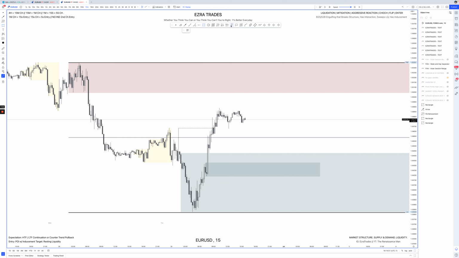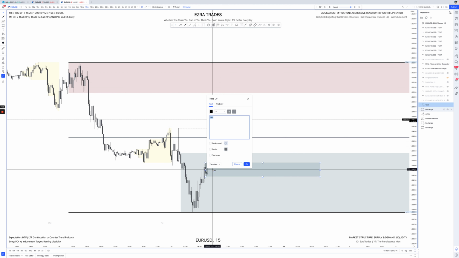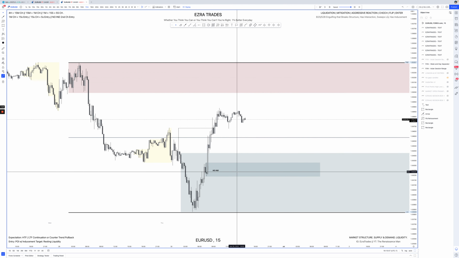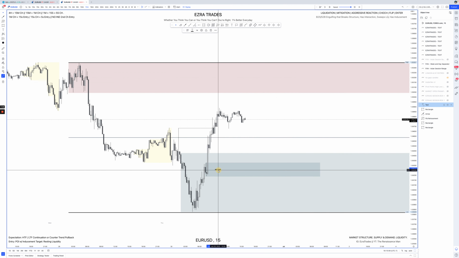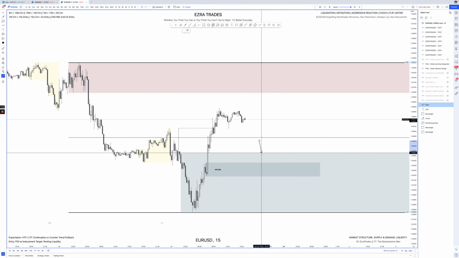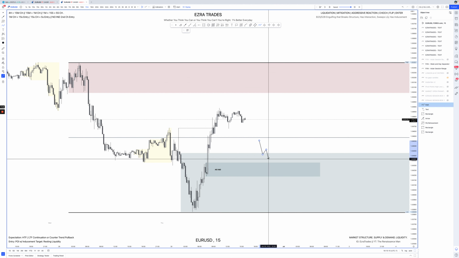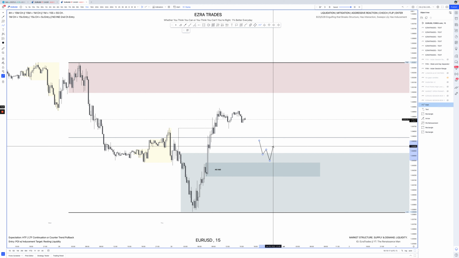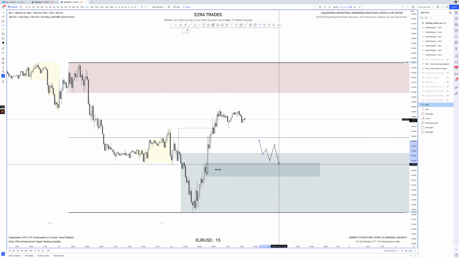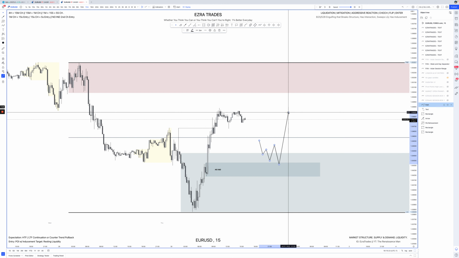At the same time, I can also say that right now, this POI has no inducement of liquidity. So if this POI is going to hold, then what I need to see is liquidity generated upon approach. So I would need to see a bullish change of character to the upside that then fails, creating structural inducement that gets liquidated before we continue higher.